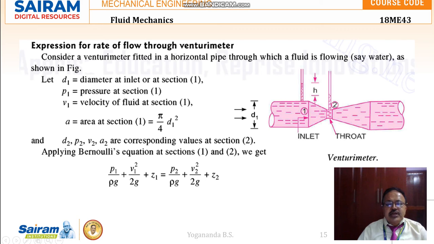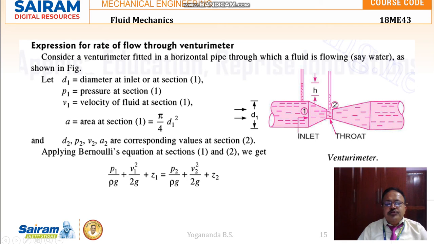So Venturi meter is a small device fitted in the path of the fluid flow so that there is gradual decrease in the diameter. The Venturi meter consists of three parts. The converging part, where there is gradual decrease in the diameter, then the diameter reduces to D2 for a small length, and the diameter starts gradually increasing and regains the pipe diameter.